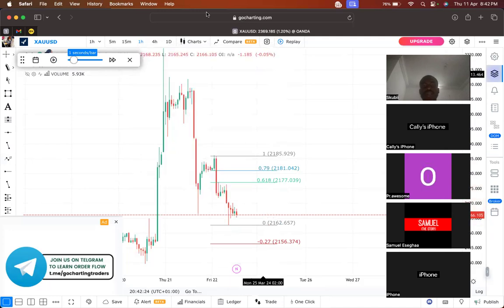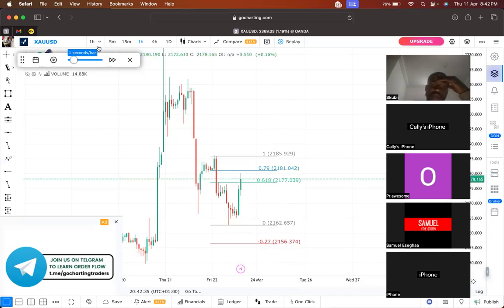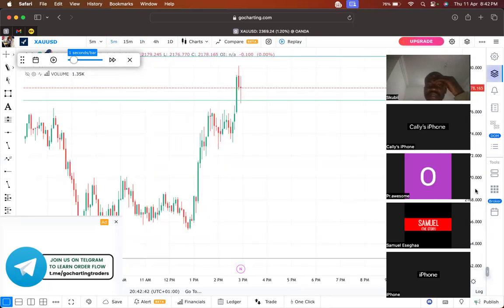So let's see if price actually went back. What if it touches your zone, but there's no change of character on the 5 minutes time frame? Then you're not entering your trade. Now let's see. Good. At this point where price tapped the 0.618 level, we drop to our 5 minutes time frame. What are we looking for on the 5 minutes time frame? A shift in market structure.